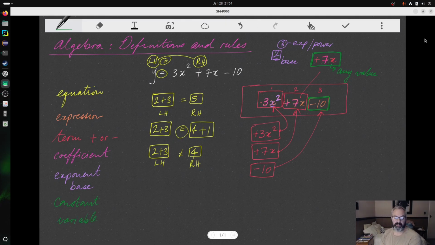So the placeholders, the letters, from here on, we are going to refer to them as variables. If I say the variable this or the variable that, what I'm actually saying is the letters, the placeholders. I'm not going to refer to them as placeholders from here on out anymore. I'm going to call them variables.